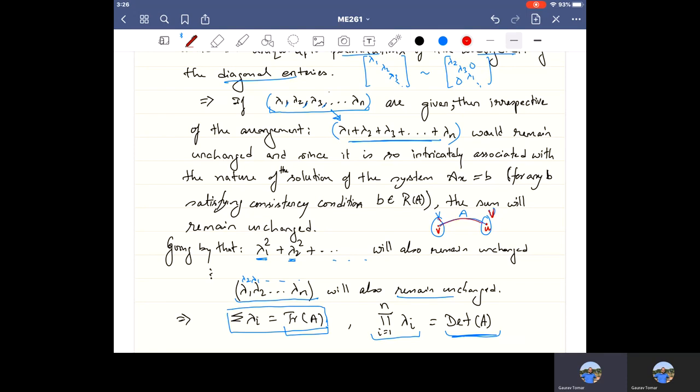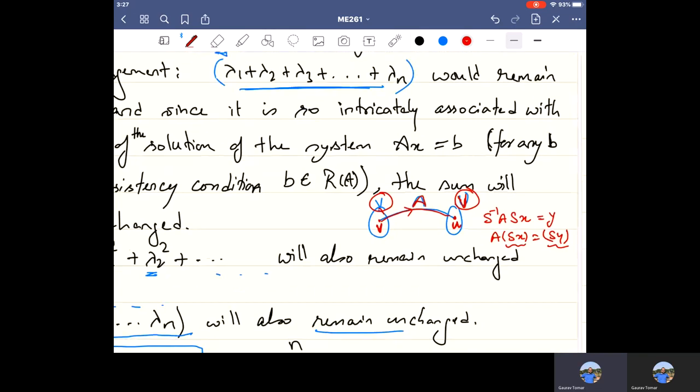If you're using the same basis for the vector space, then this V to V mapping, or V to some other vector mapping achieved using the matrix A, will not depend on what basis you choose. And that's what is meant by S inverse A S X is equal to Y, because that's essentially saying A S X is equal to S Y. So it doesn't matter how you represent this vector, it will get mapped.